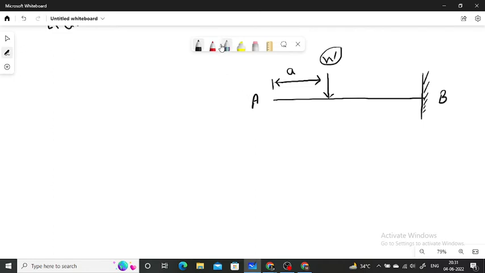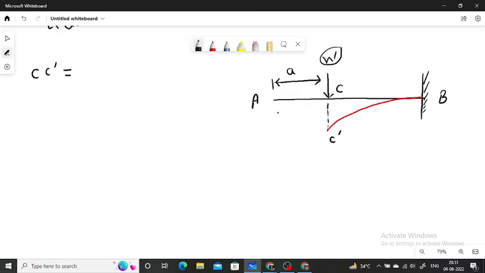In that case, the deflection at the point C will be CC dash.